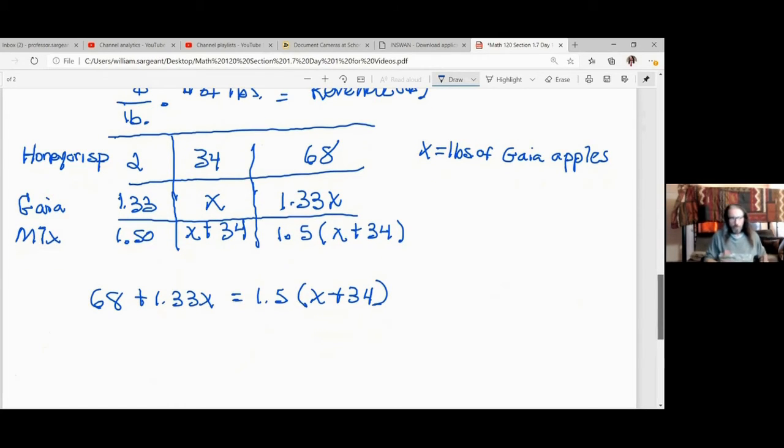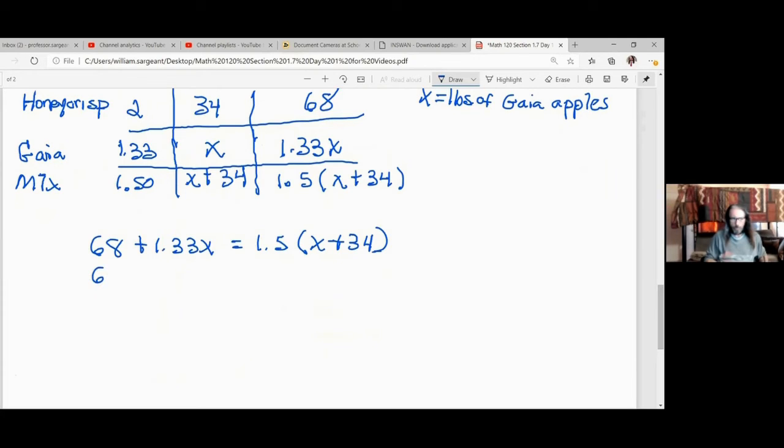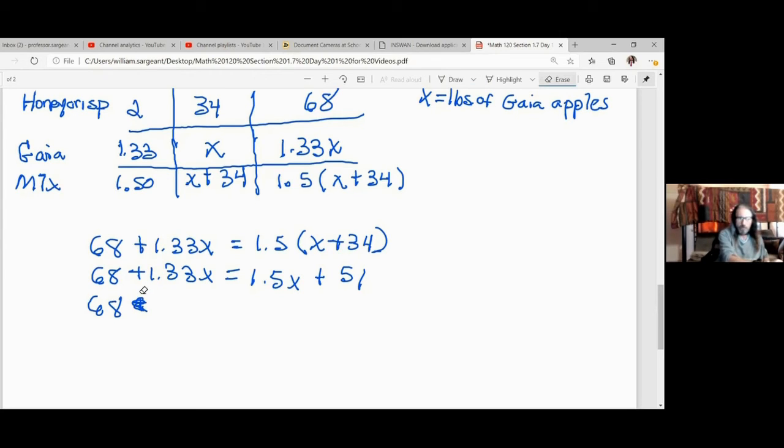So on the right, I'm going to distribute. And I believe 1.5 times 34 would give me 51. If I subtract the 1.33x from the 1.5x, that would give me, whoops, it would give me 0.17x.